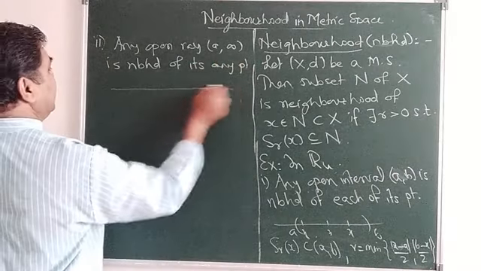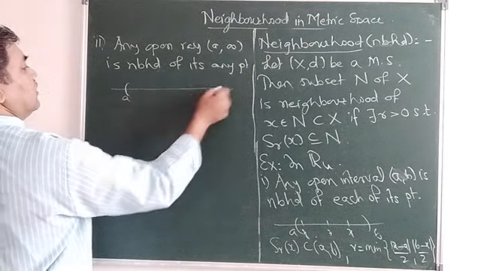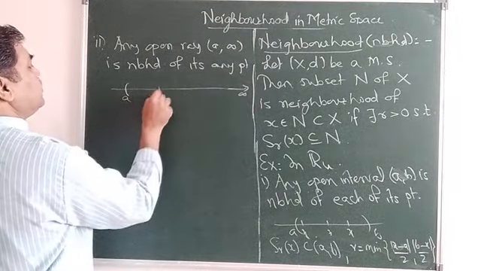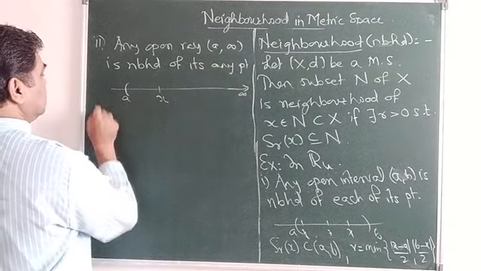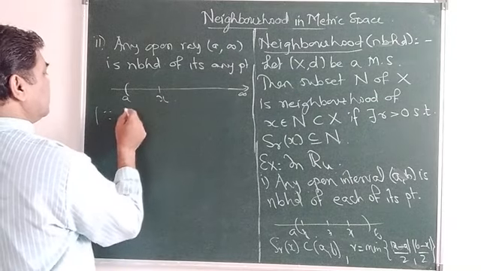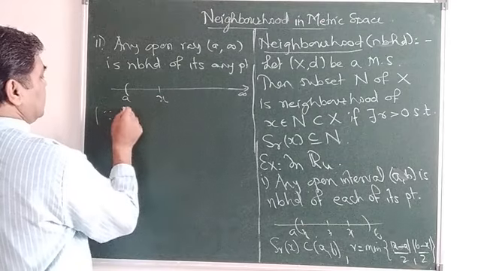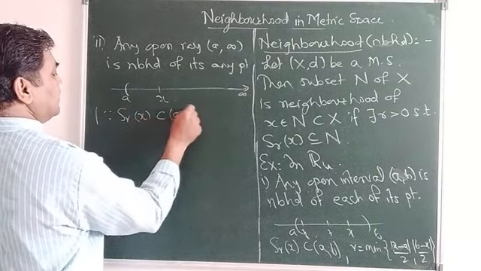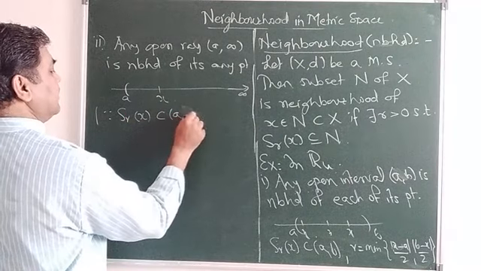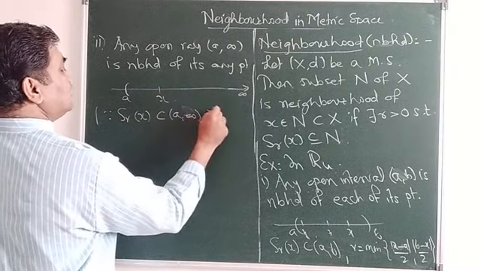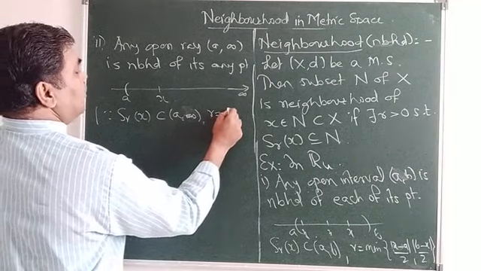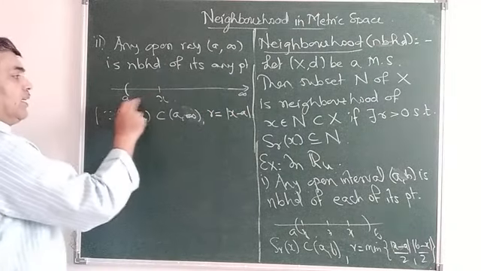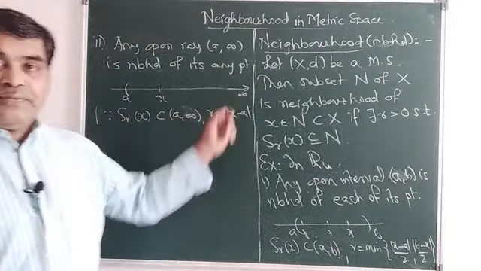If I take a and infinity, and x to be any point, then S r of x is contained in (a, infinity), where r is equal to mod of x minus a, since x is always nearer to a than to infinity.